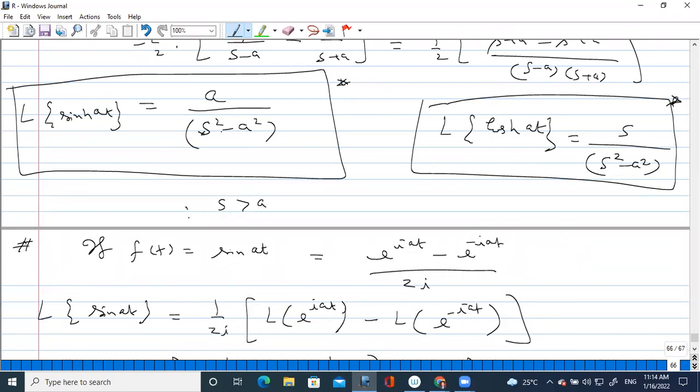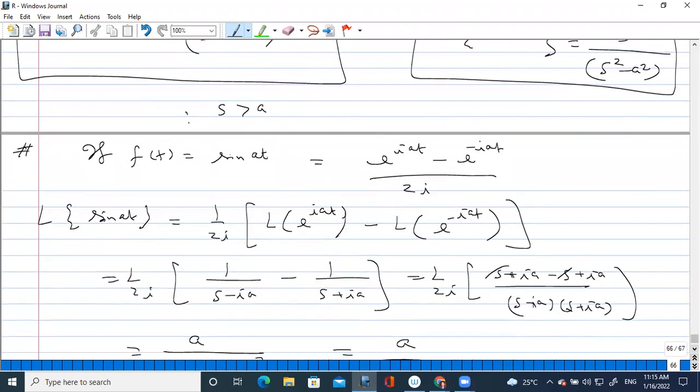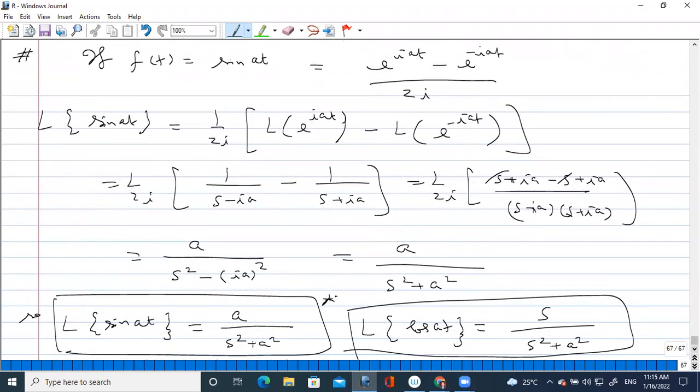If s is less than a, that time it will become minus. Okay, so this is also the condition here, that s should be greater than a. So note down this also.